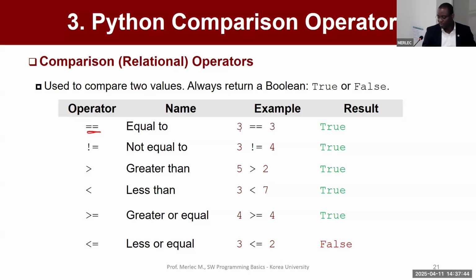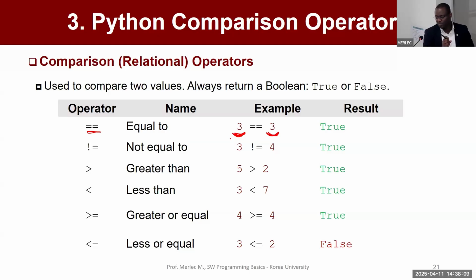This means I will check whether the value of the operand on the left is equal to the value of the operand or the variable on the right. This can be a constant number, a variable, or an expression, as I've mentioned earlier. You can test the equivalence of the expression on the left with the expression on the right.